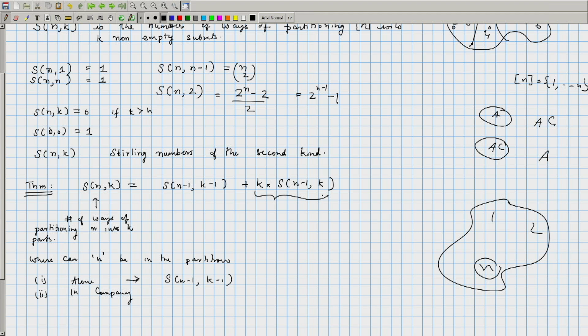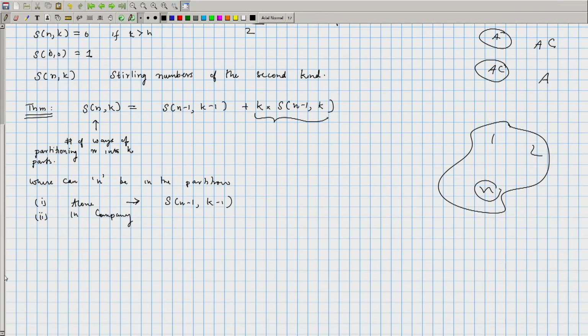So, we know that n is in company. So, let us forget about n and the remaining elements. I mean, if you just take n out of the partition, what you can see is that the remaining n minus 1 elements are being sent into k distinct parts. Okay, they are sent into k parts, and into any of these parts, if you put n, you will get a different partition.